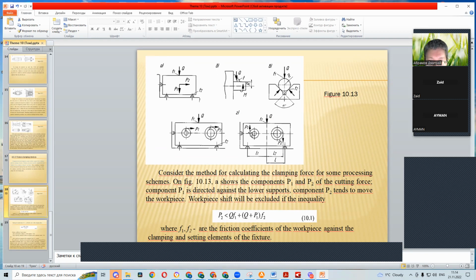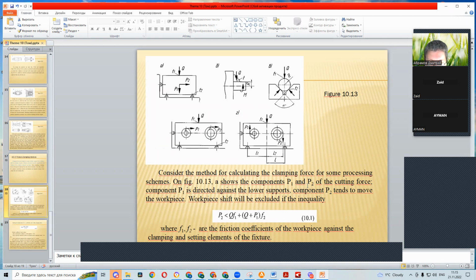These are components of cutting force. Component P1 is directed against the lower supports. Component P2 tends to move the workpiece.